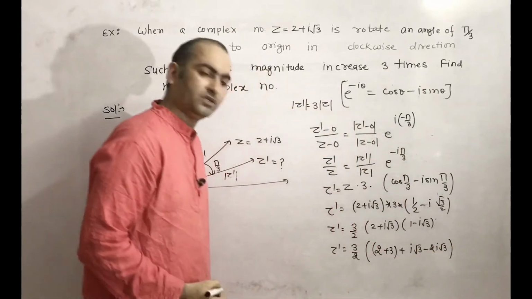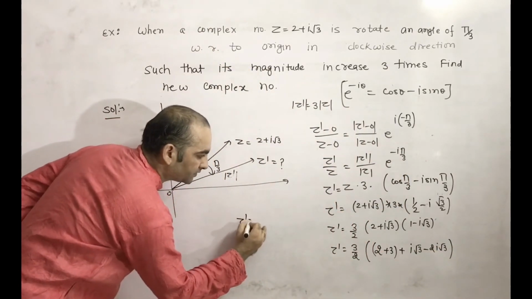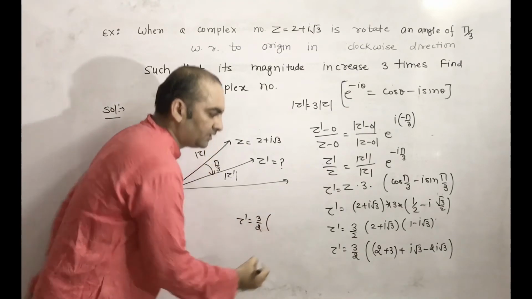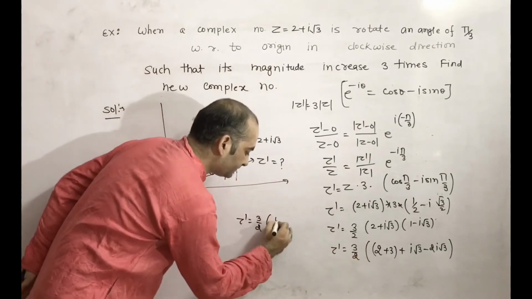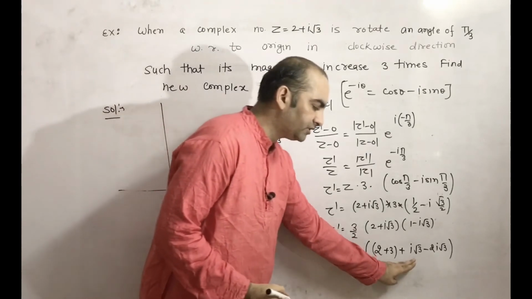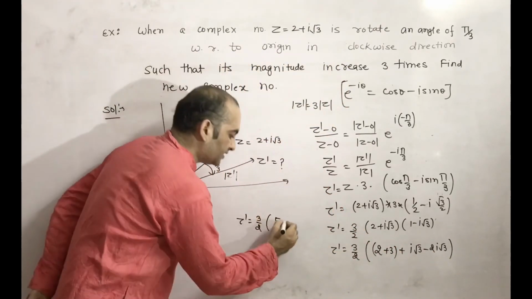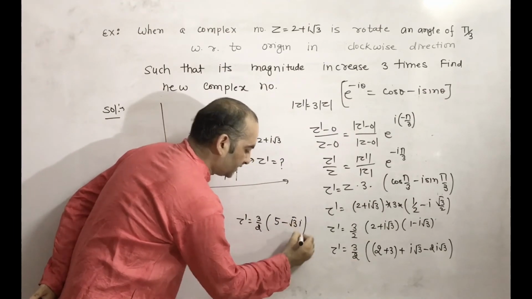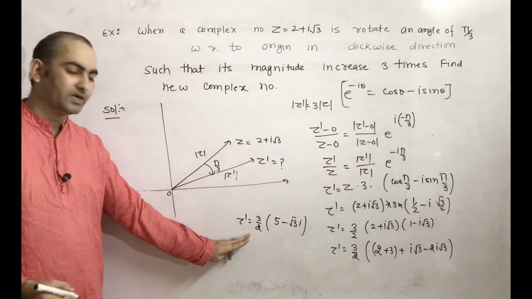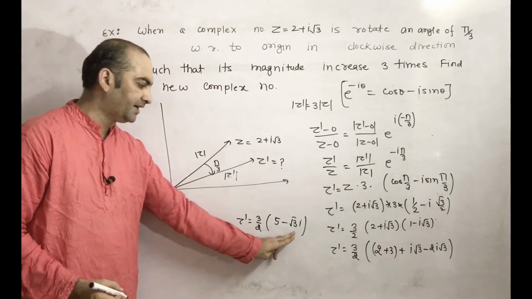So z dash equals 3 by 2 in bracket, 2 plus 3 is 5, and iota root 3 minus 2 root 3 iota is minus root 3 iota. So z dash is 3 by 2 into 5 minus root 3 iota.